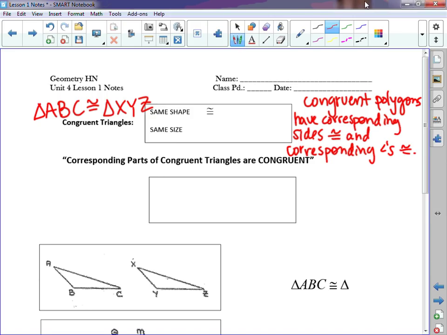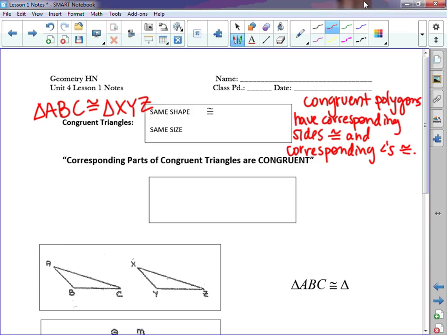That means the sides that go together are the same length and the angles that go together are the same measure. If I had congruent pentagons, their corresponding sides, the sides that go together, are the same length. Not necessarily that all 5 sides are the same, but that sides that go together are the same.